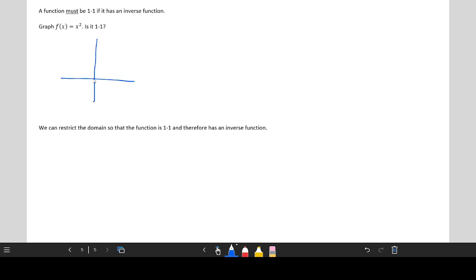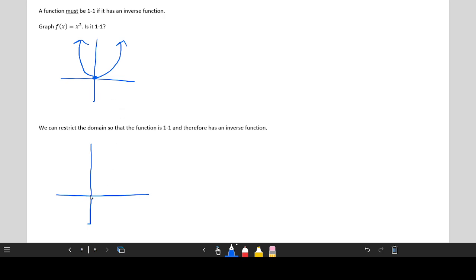I'm going to draw it again here so we can see it. So this was not 1-to-1 because we have duplicate y values showing up, fails the horizontal line test. But if we could essentially just delete part of that function, then the rest would be 1-to-1.